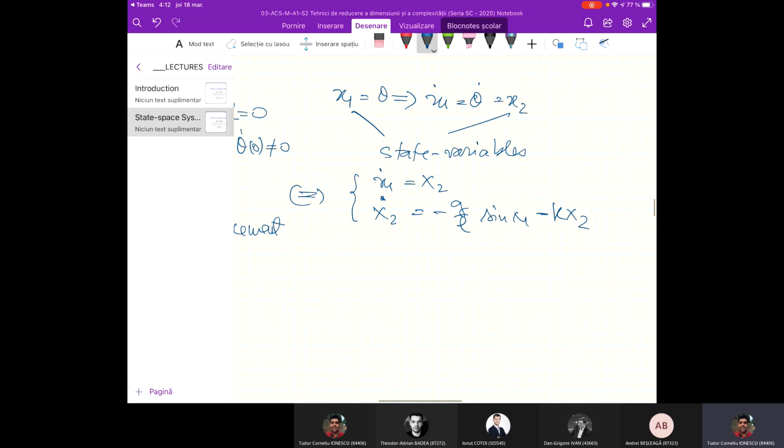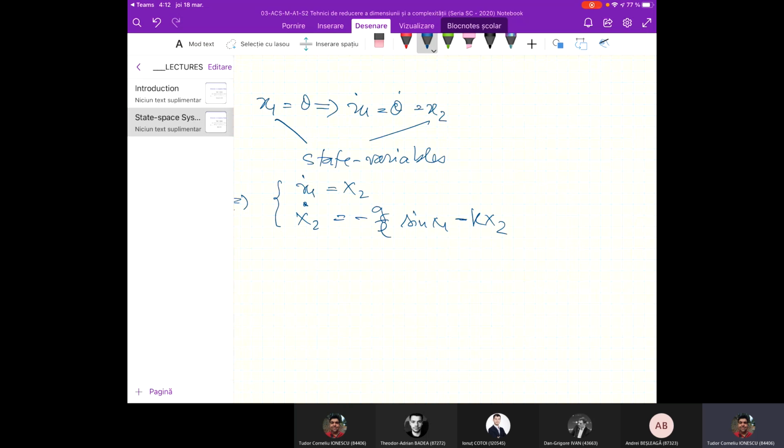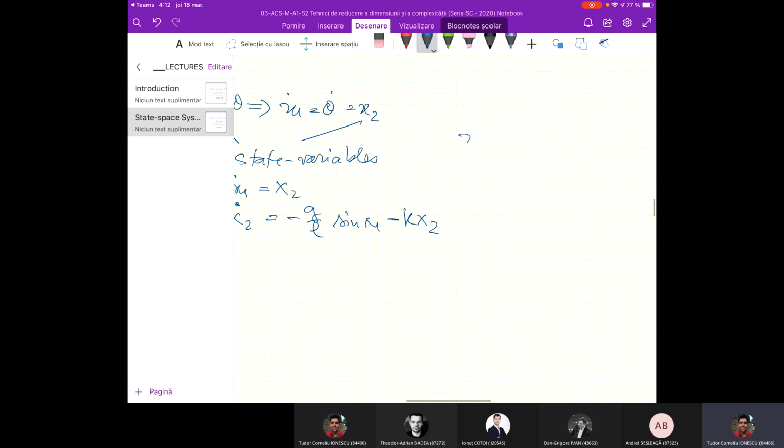And this can be written in compact form. So now we call x, the state vector, the vector x1, x2. This is in R2, so it's in the plane.